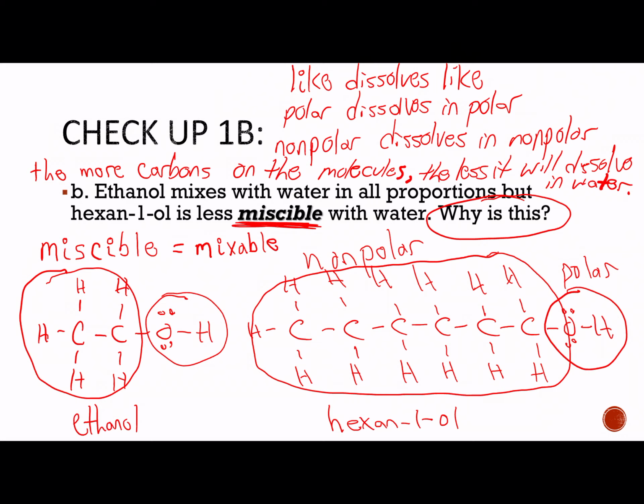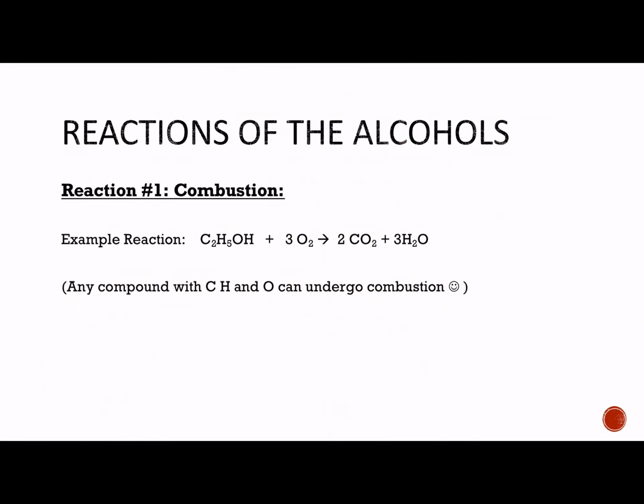So the more carbons I add, the less it'll dissolve in water. It actually becomes insoluble above 5 carbons, actually. So we would say that hexane-1-ol is not mixable with water. It starts to become insoluble with water as if it was oil in water. Because hexane-1-ol is clear, it wouldn't be really that easy to see, except for the difference in viscosity, which is how thick the mixture is.